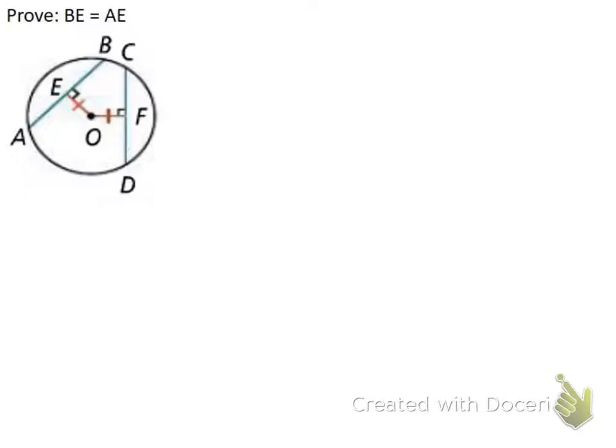So what I can do is go ahead and draw a line from B to O and A to O. So my given, I'm given that AB is perpendicular to EO. So what I want to prove is that those two triangles are equal to each other.